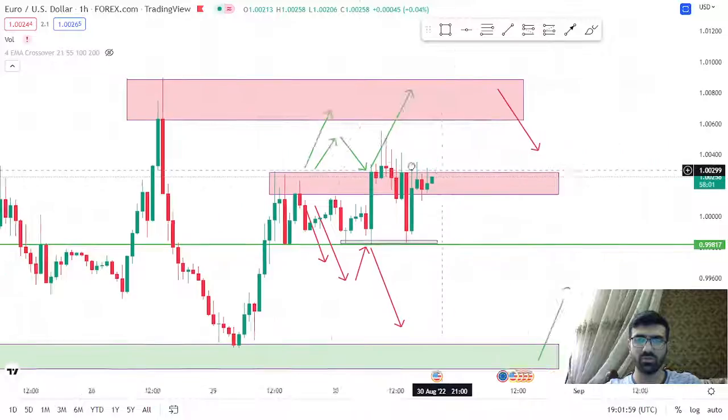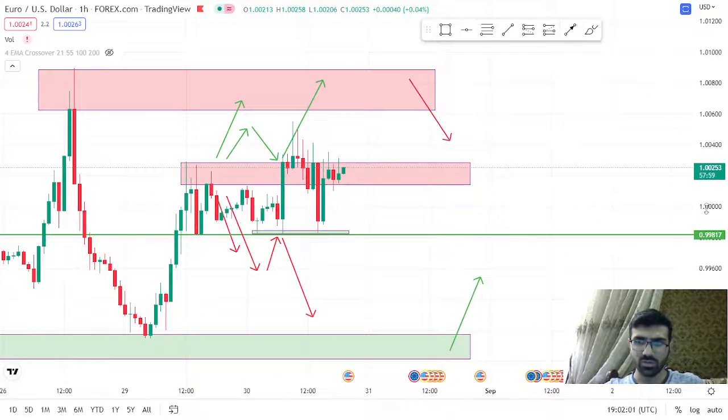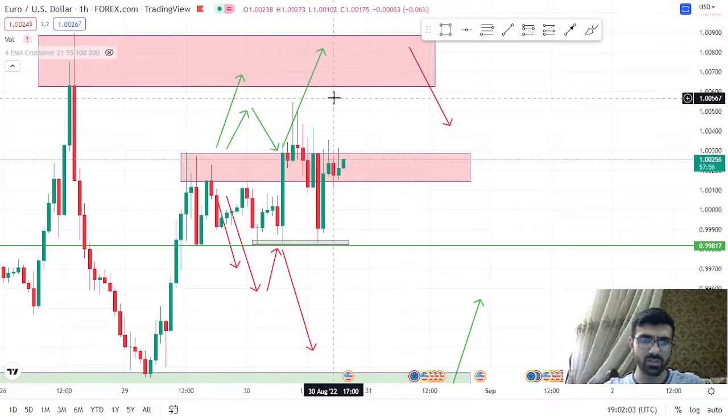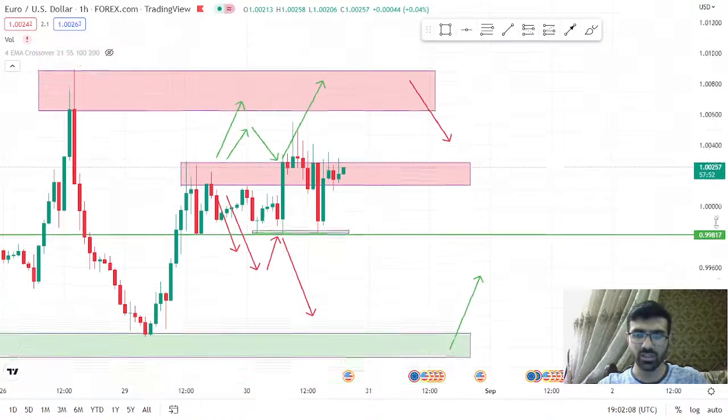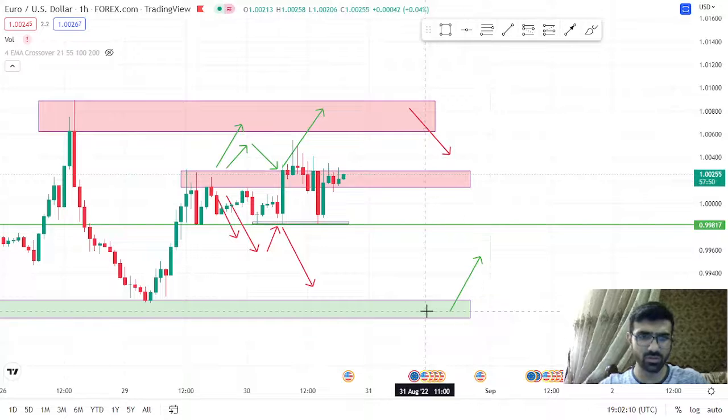Okay, so this area is still valid, and this swing low is also still valid.